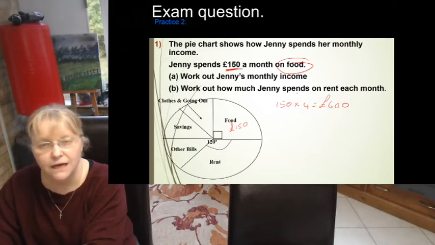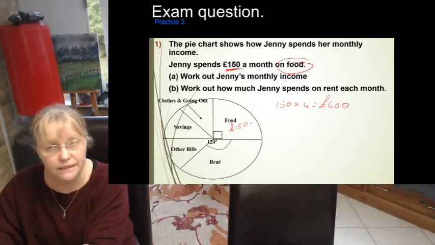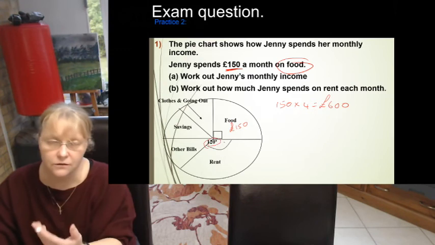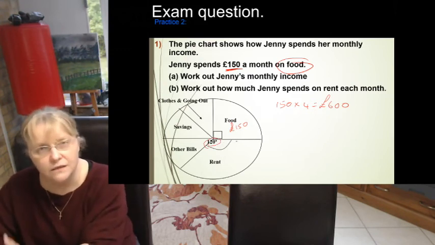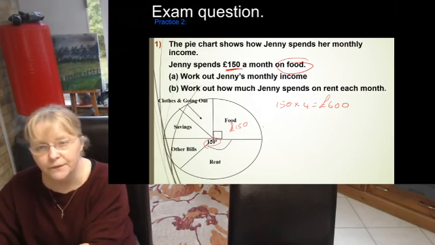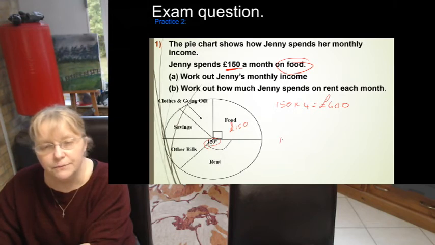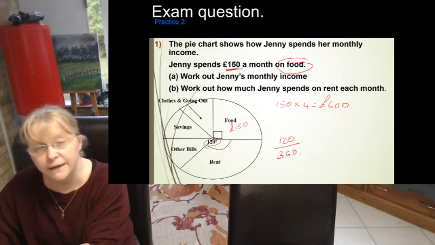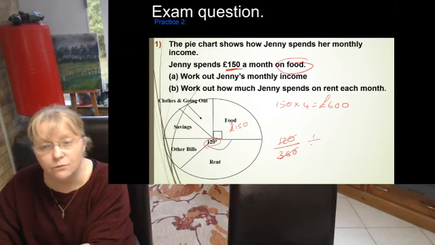Next, work out how much Jenny spends on rent each month. If you look down here, it shows that Jenny spent 120 degrees, according to the pie chart, on rent. So what exactly does that mean? So what you do is you basically put 120 over 360. Because remember, 360 degrees make a circle. If you simplify that down, that is 1/3.